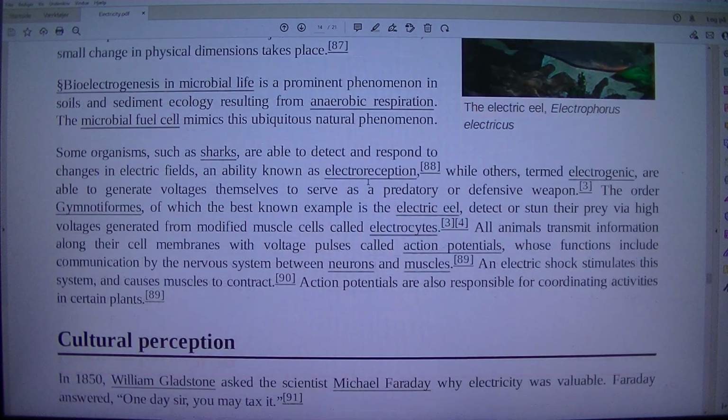Bioelectrogenesis in microbial life is a prominent phenomenon in soils and sediment ecology resulting from anaerobic respiration. The microbial fuel cell mimics this ubiquitous natural phenomenon.